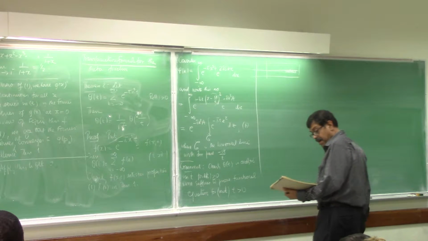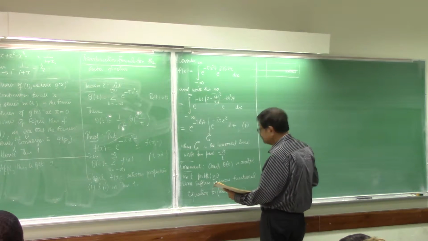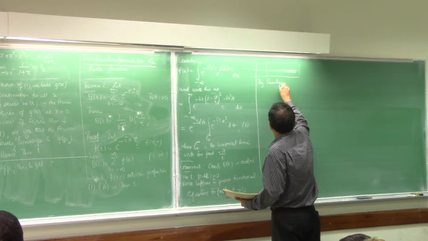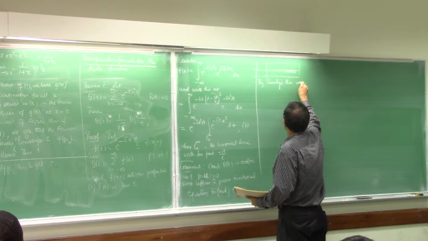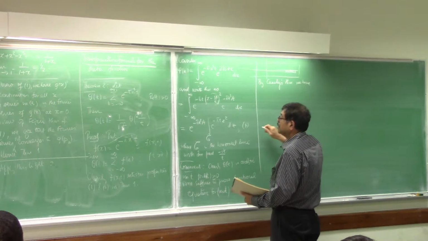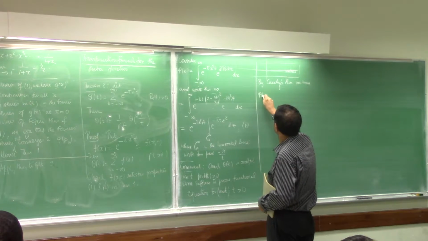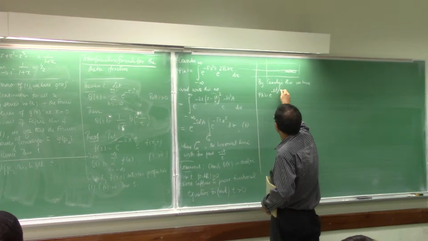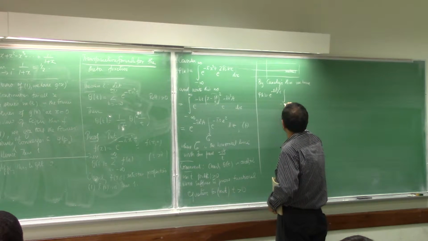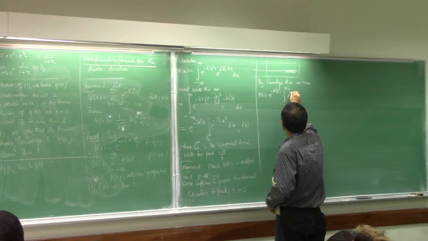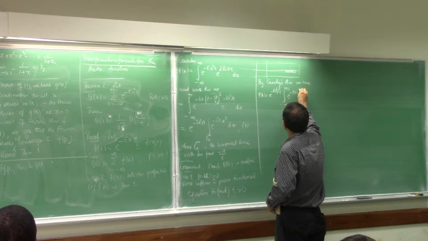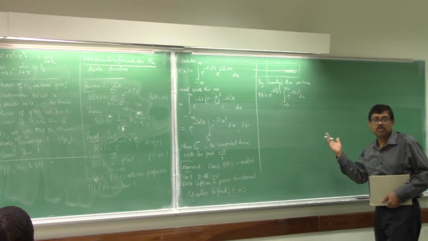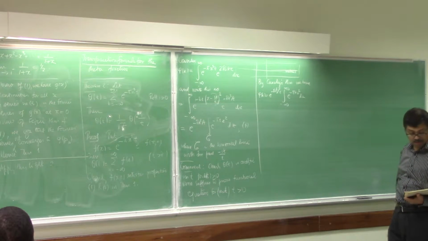So by Cauchy's theorem, we have phi of k is e to the minus pi k squared over t times the integral from minus infinity to plus infinity e to the minus pi t u squared du. And now this is just a real valued integral, or you can put x as a real variable.